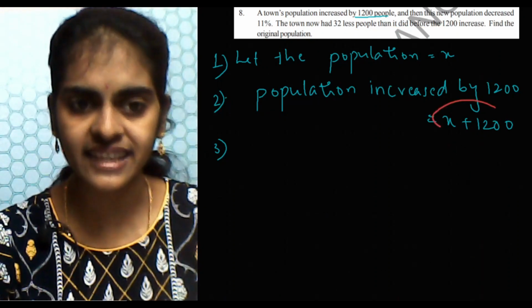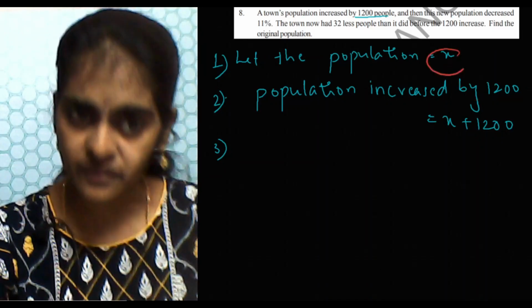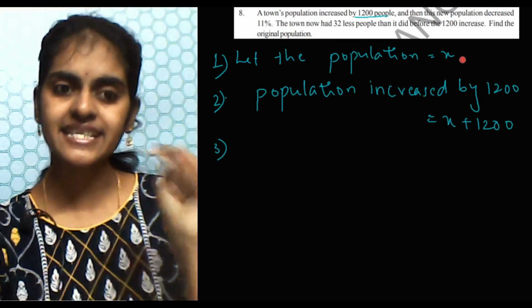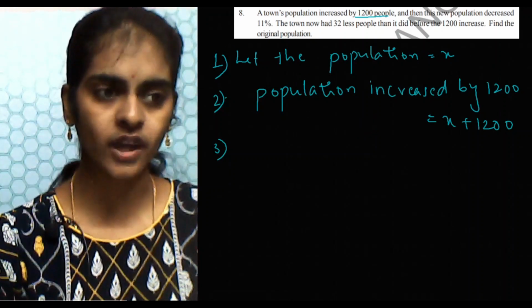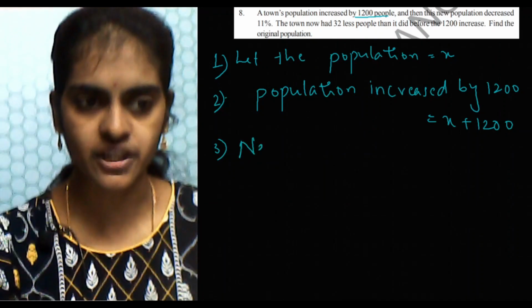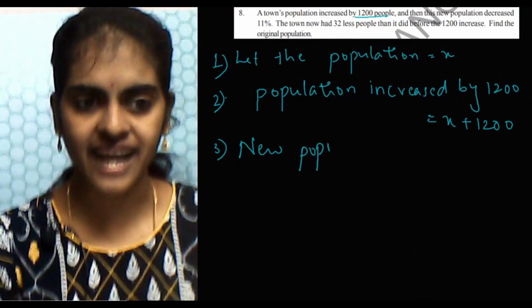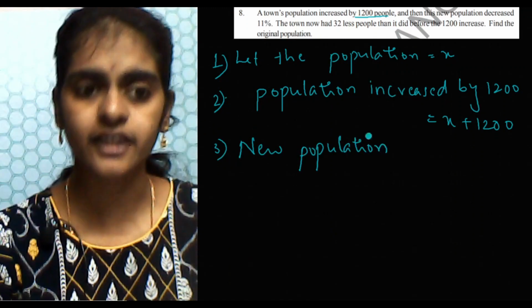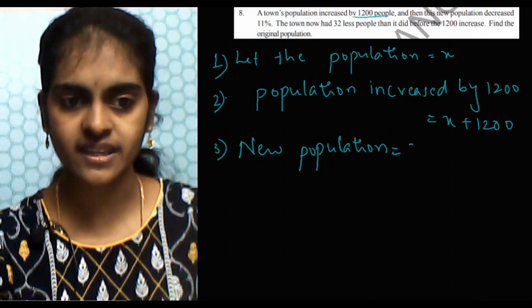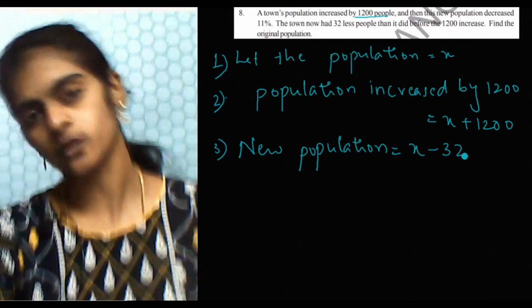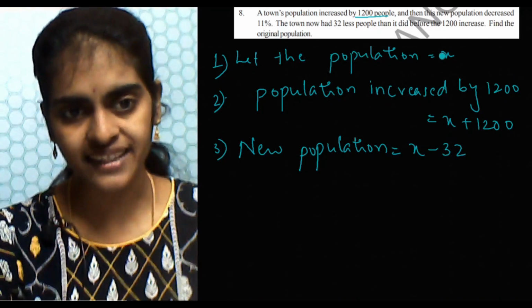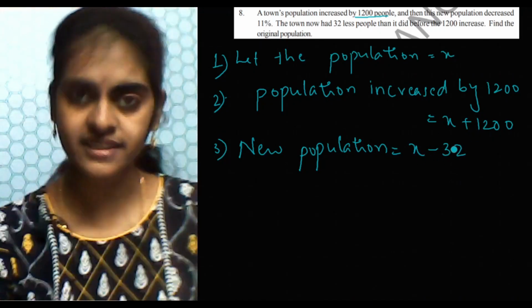Before the 1200 increase it is x, so it is 32 people less than this x, which is x minus 32. Since it is less, you subtract, so it is x minus 32.